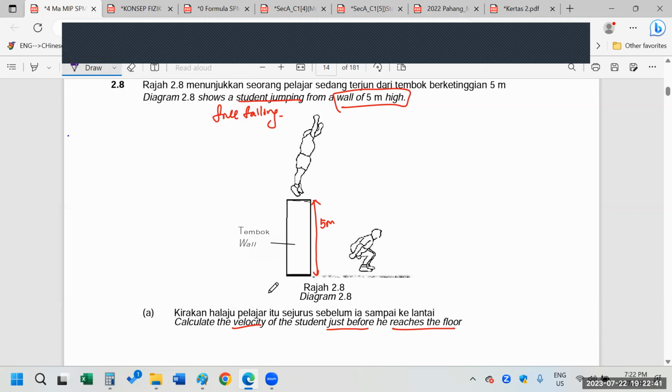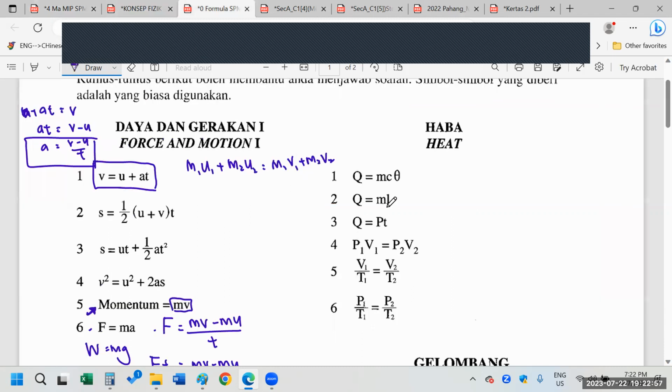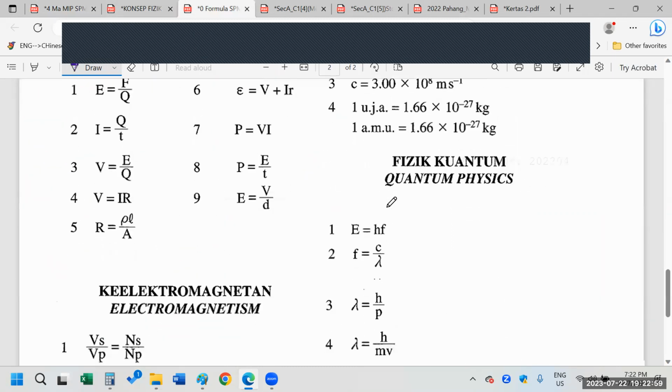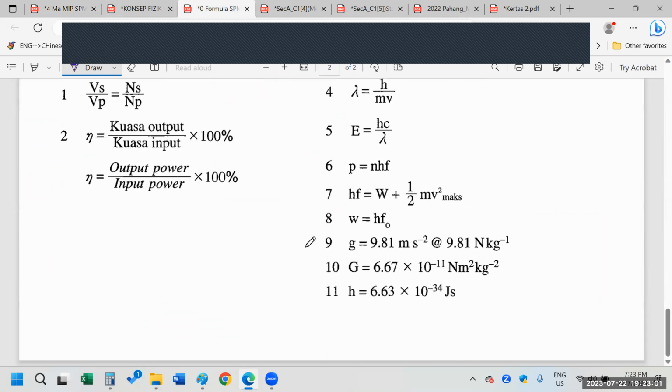Free falling means it has acceleration, gravitational acceleration. Where can you get this constant? In your formula list, the last part of your formula.